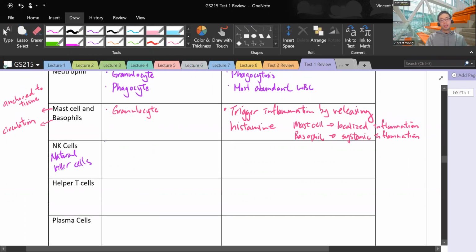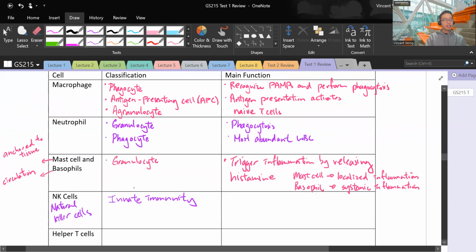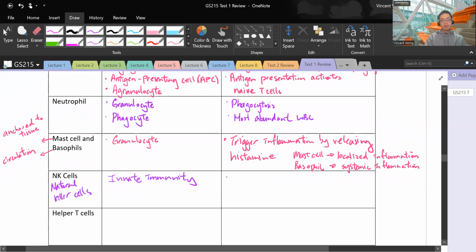It's not really part of our granulocyte classification, but we know this is part of the innate immunity. In fact, all these things are part of innate immunity as well. And the function of the NK cells is to kill infected cells and tumor cells.